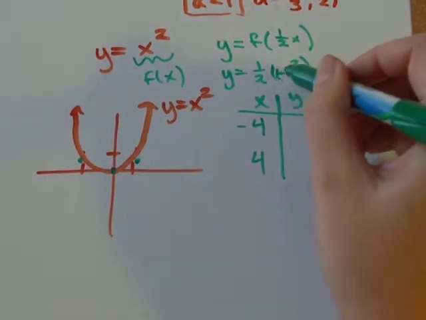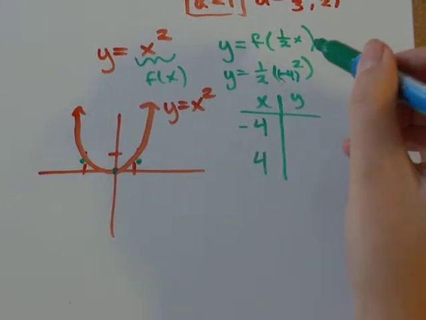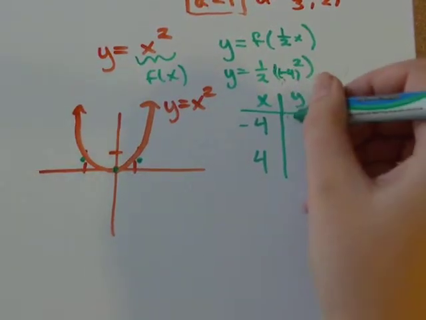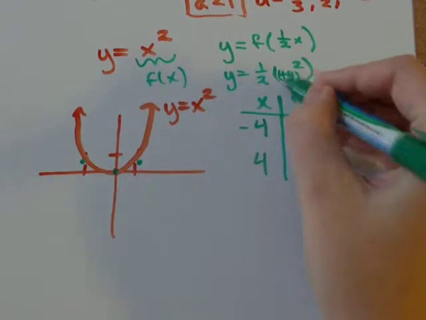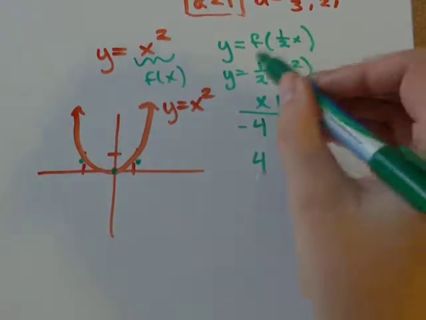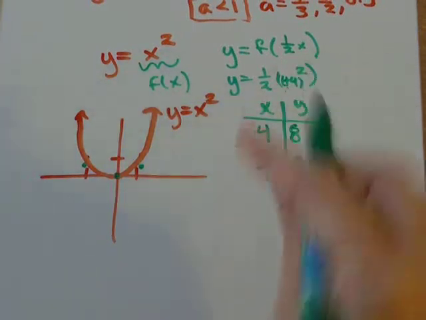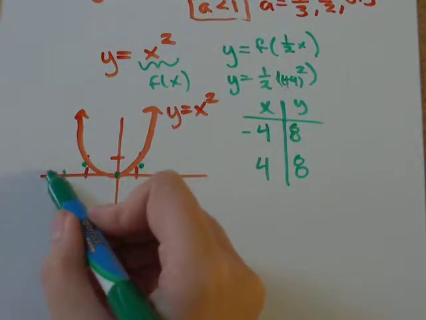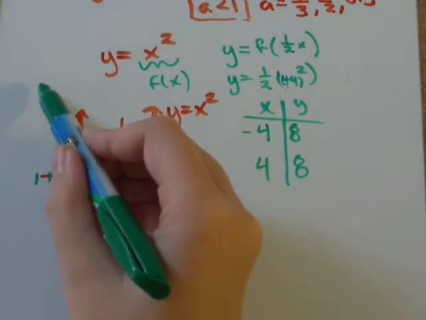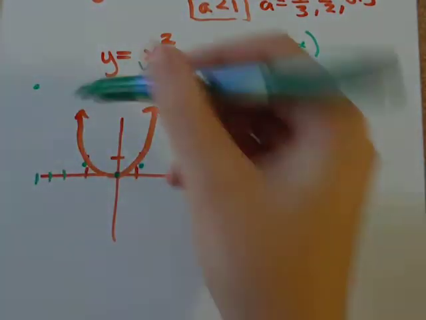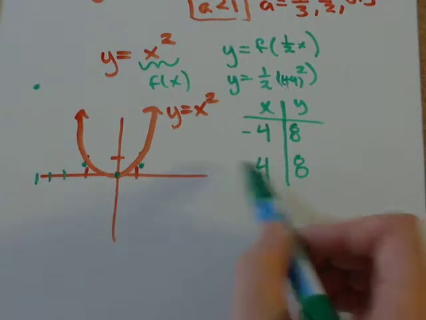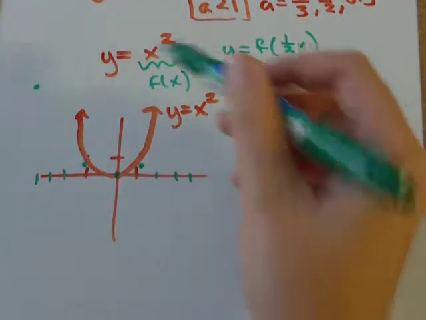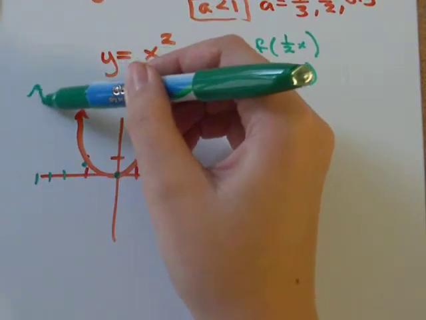If x was negative 4, squared is 16, times a half would be 8, and if that was positive 4, it's also 16 times a half, which would be 8. So we've got a point at negative 4, 8, somewhere way up here. And then we've got a point at positive 4, 8, way up here somewhere, and connect the dots.